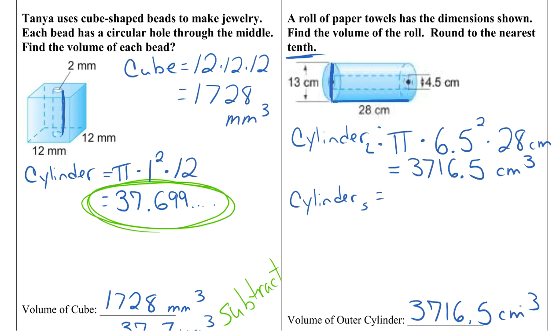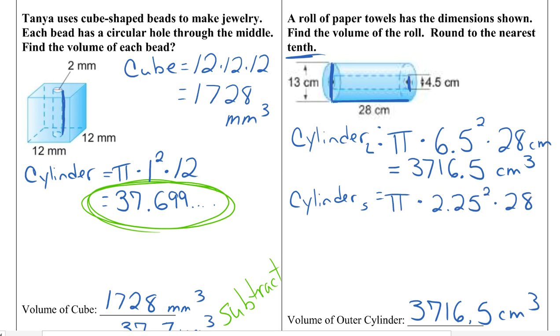Now if we want to find the volume of the inner cylinder, the empty space in the center of the paper towel, we're going to be using the same formula, so pi times, this time I have to look at the diameter it gives me for the inner cylinder, and the diameter is 4.5, which means that the radius is going to be 2.25.